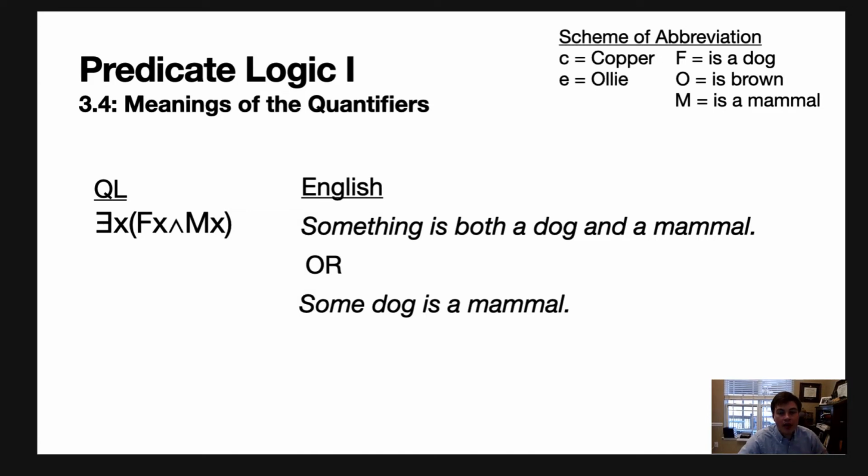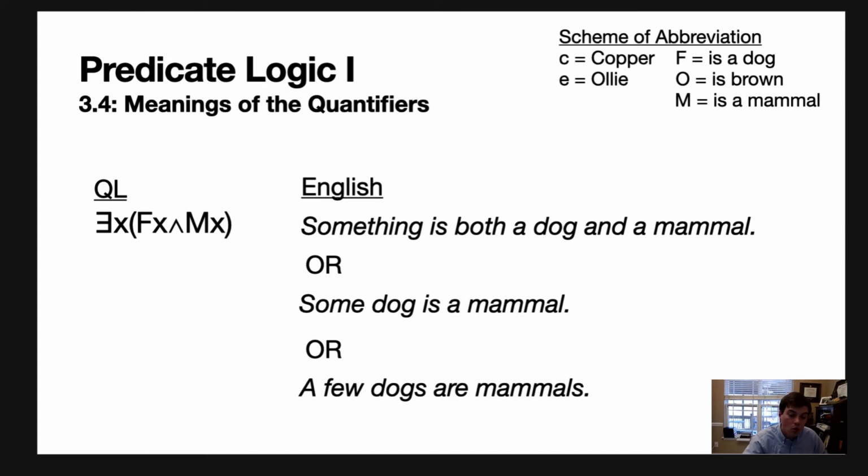Another equally good way of translating that is some dog is a mammal. Another equally good way is some dogs are mammals. Yet another equally good way of translating it is many dogs are mammals, or a few dogs are mammals. Notice that our existential quantifier, while helping us capture more fine-grained logical detail in English, has some fineness of grain that even the existential quantifier is insensitive to.